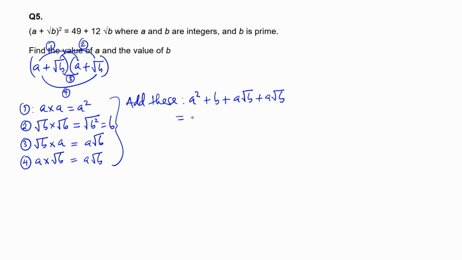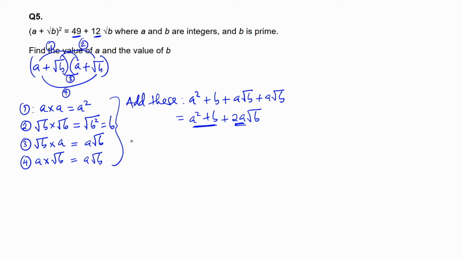Now this will be equal to a squared plus b plus 2 lots of a square root of b. Now if you look at the answer that we are given here, we can see that 49 corresponds to a squared plus b, and then 12 corresponds to 2a.